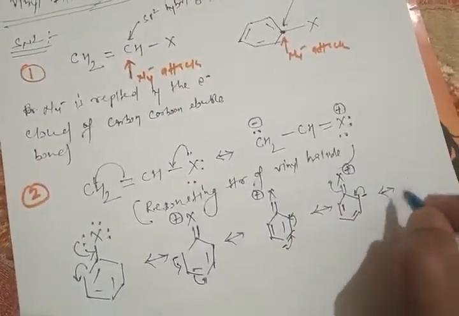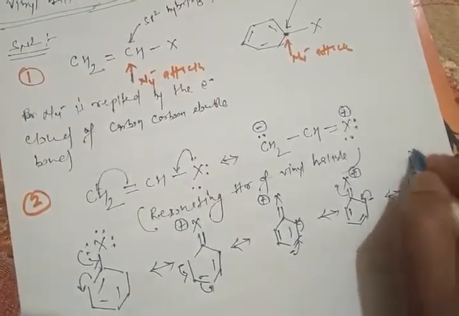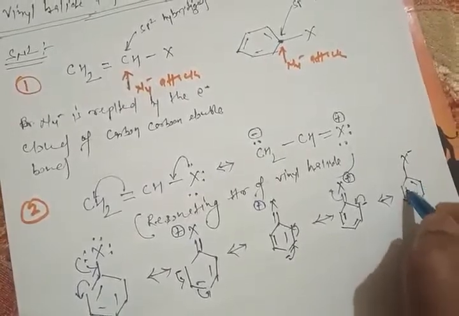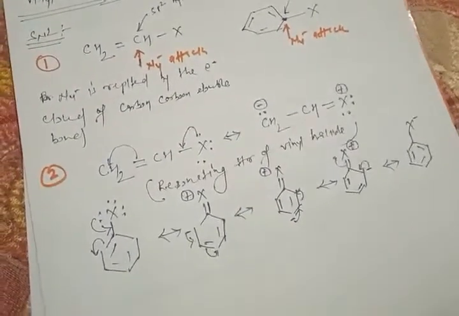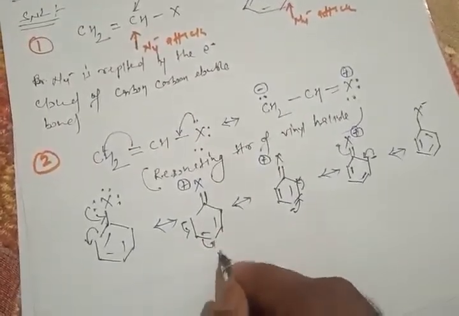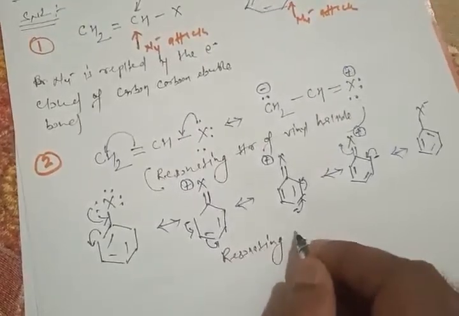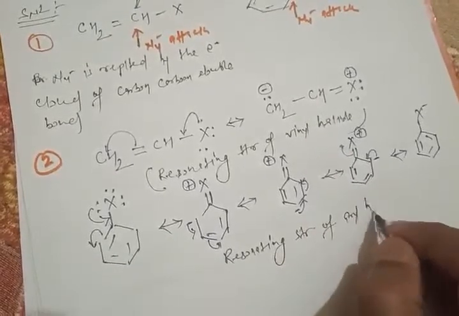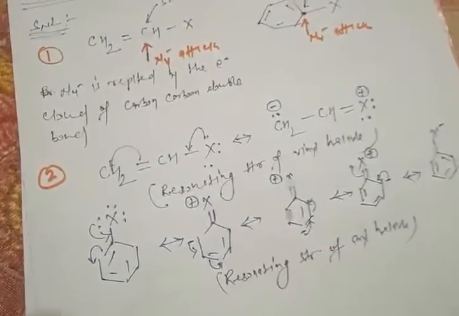So this last structure is exactly the same as the first one. So this is the resonating structure of aryl halide. So what is the difference, what is the reason?